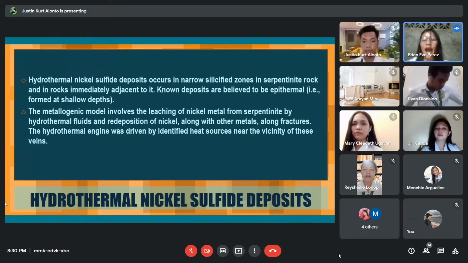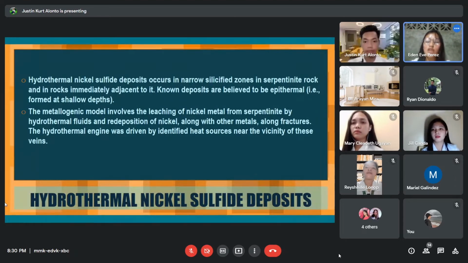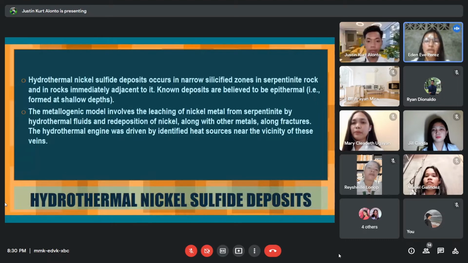Then next, the hydrothermal nickel sulfide deposits. So these are found in narrow silicified zones in serpentinite rock. Those deposits are considered to be epithermal, which means that they are commonly found in island volcanic, continental arcs associated with subduction.